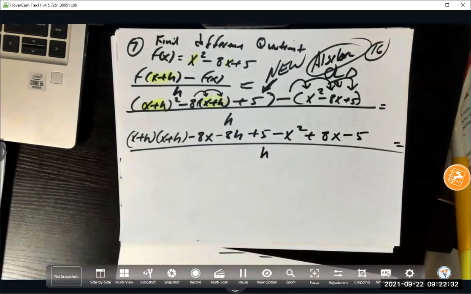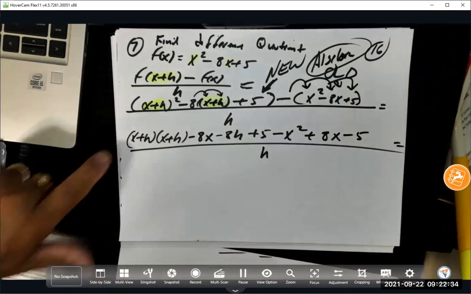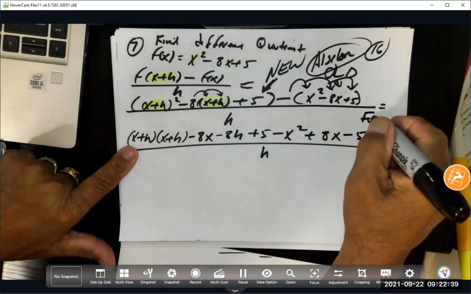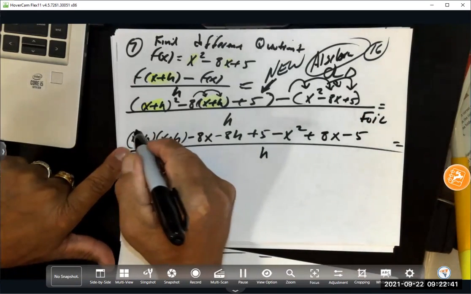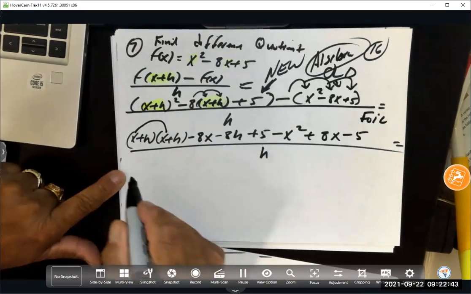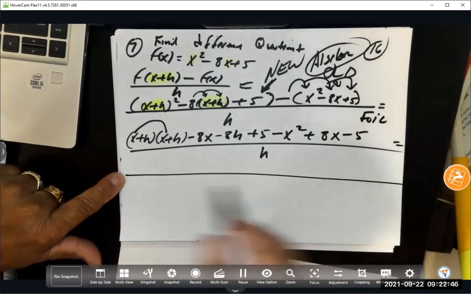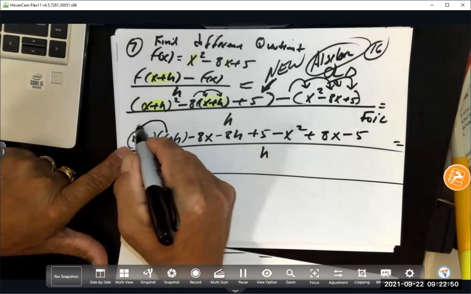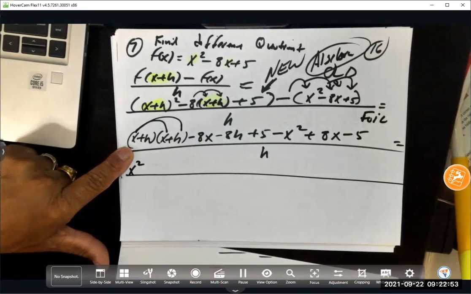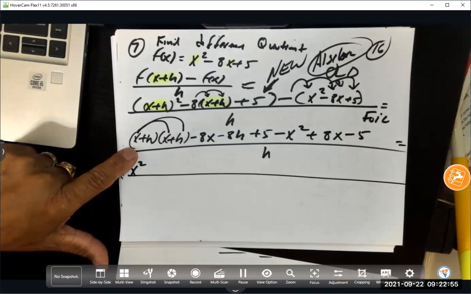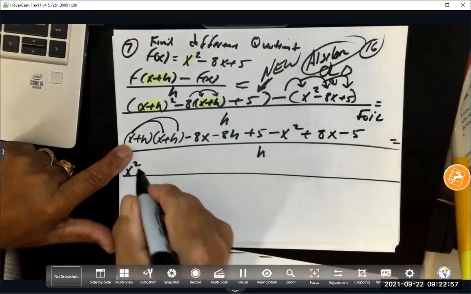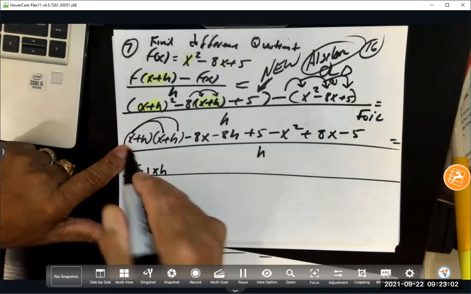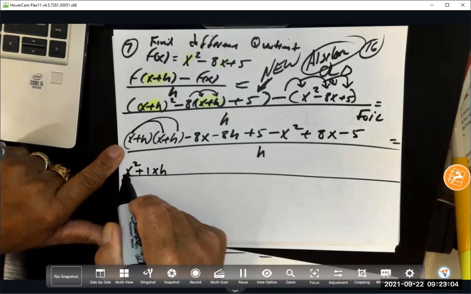All right, so now I'm gonna have to FOIL this thing. FOIL, ready? Remember that word FOIL? Maybe, hopefully. So, x times x, what do you think that is? X squared. Let me write this down. X squared. And x times h, xh. Yes, plus, and I'm just gonna put 1xh, so I know that's just one of them. All right, so x times x is x squared.